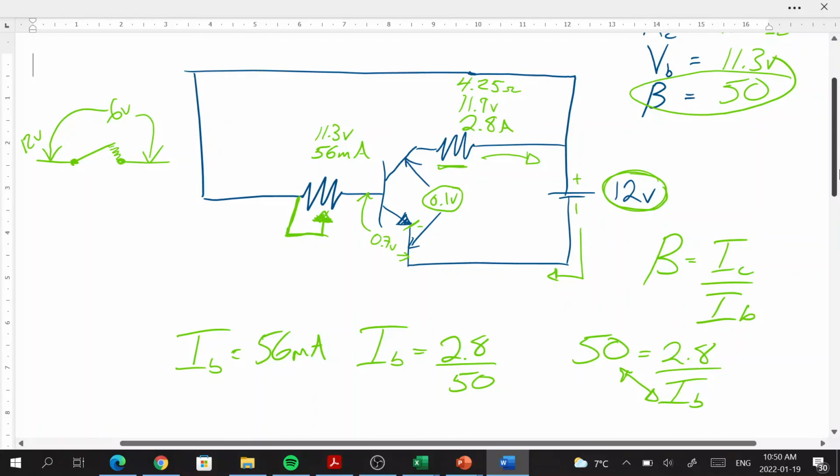Now that we have our voltage of 11.3 and we got our current of 0.056 amps, we can determine that this resistor needs to be approximately 202 ohms. And that is how you solve for a saturated situation. Hope this helps. And yeah, good luck.